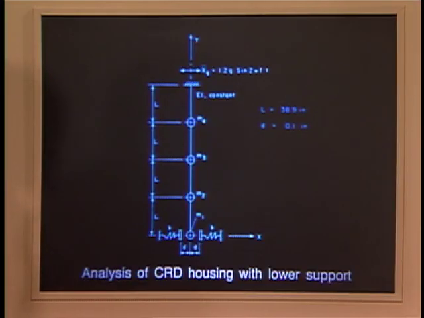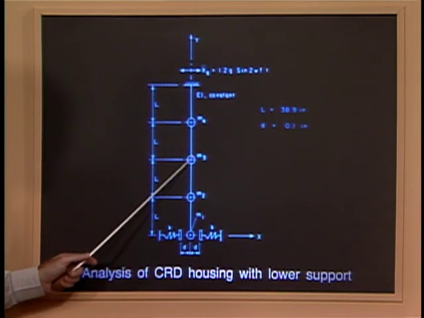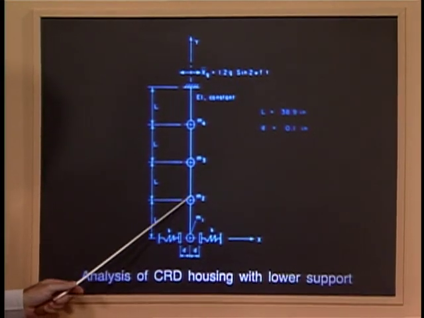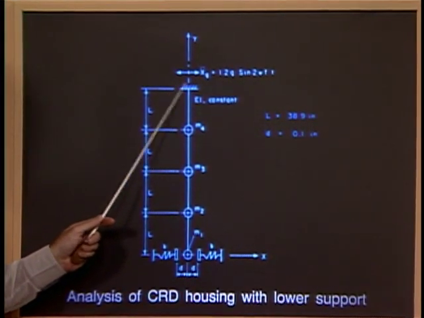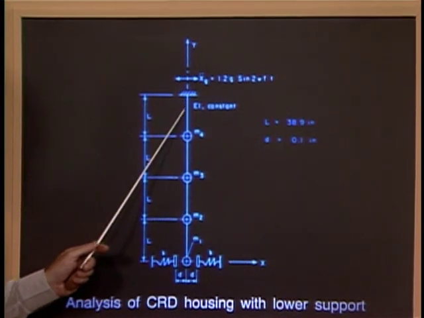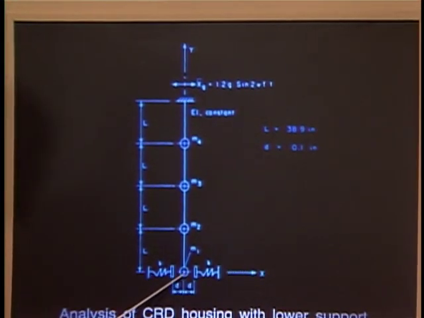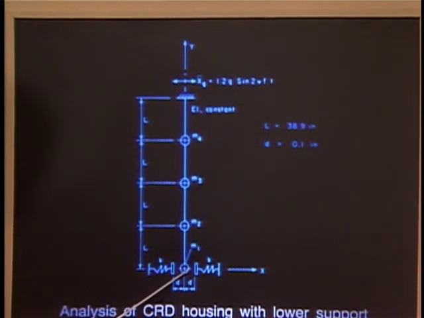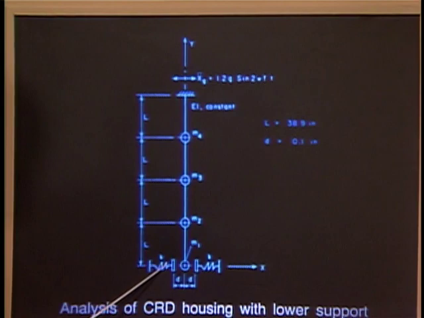Here we consider now the analysis of a control rod drive housing, which is modeled using 4 beam elements and point masses. Notice that the structure is subjected to motion up here. The nonlinearity in the system lies in the fact that there is a gap between the tip of that beam here and the spring on the right-hand side and on the left-hand side.